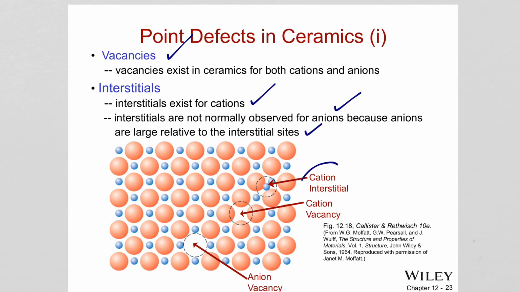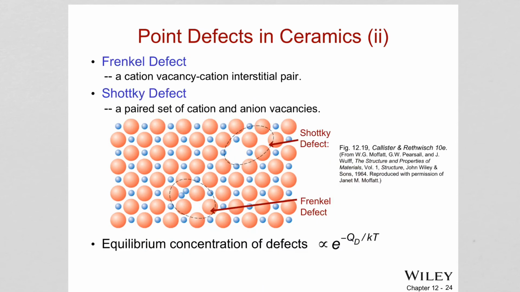And you can see where these cation defects are forming. Here an extra one fits inside, and there's a cation vacancy, and there's an anion vacancy. The red atoms are missing, the anions, the bigger ones. The cation is the blue one. So there are other defects we call Frenkel and Schottky defects. A Frenkel defect is a cation vacancy, cation interstitial pair.